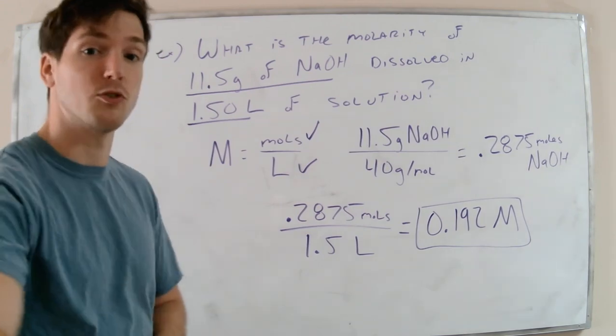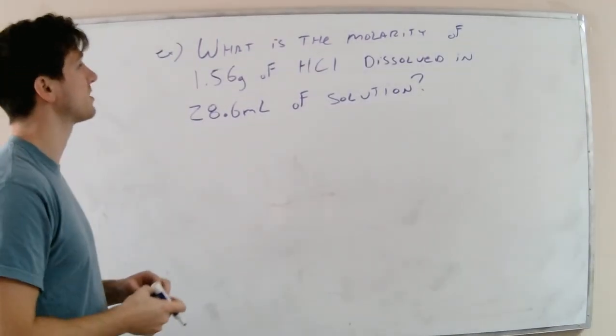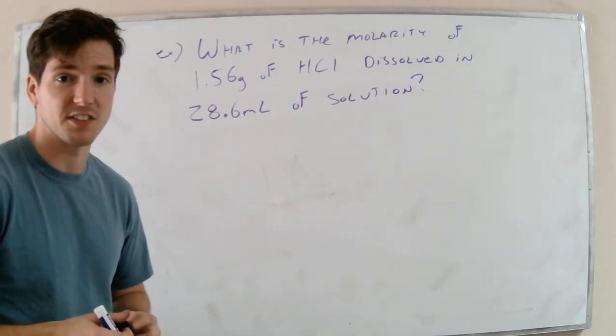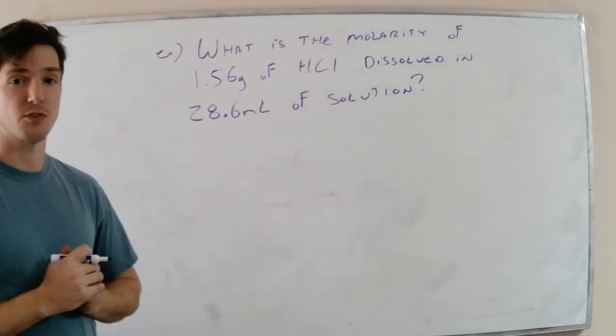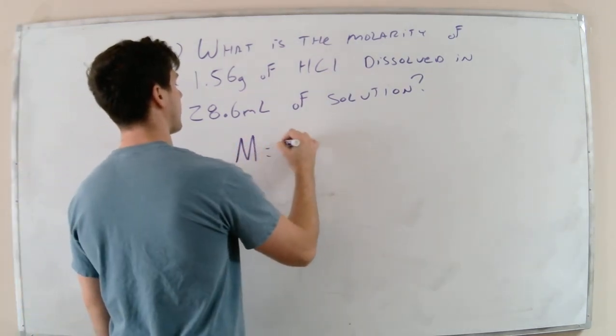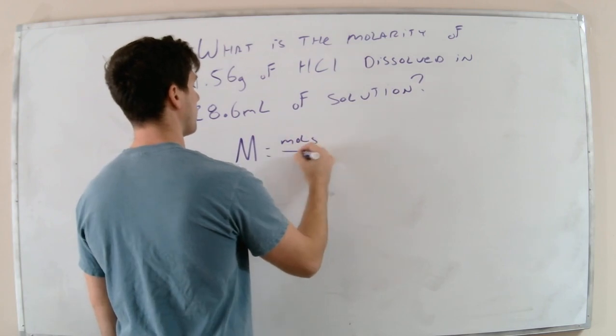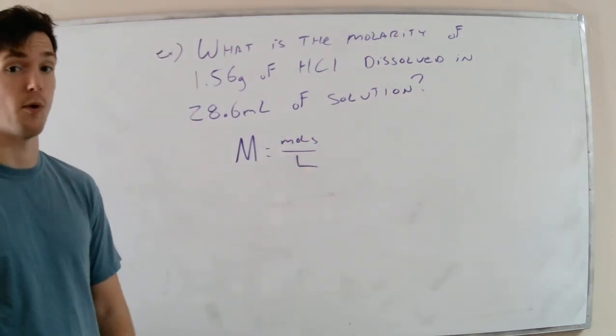All right, let's go ahead and do another example. Our second example, once again, says, what is the molarity of 1.56 grams of HCl dissolved in 28.6 milliliters of solution? So once again, they want the molarity or the concentration, which again is moles over liters. Let's find moles first.